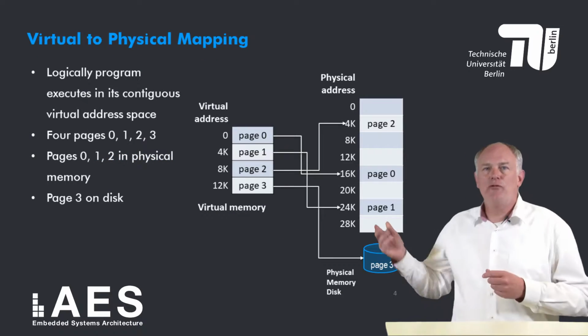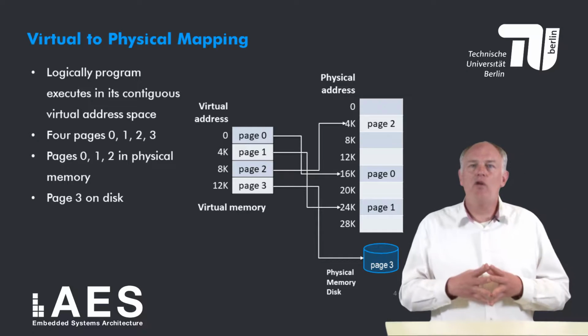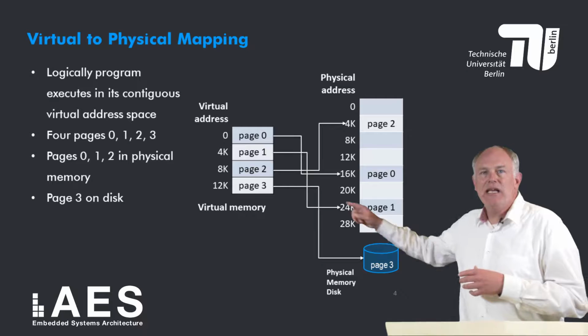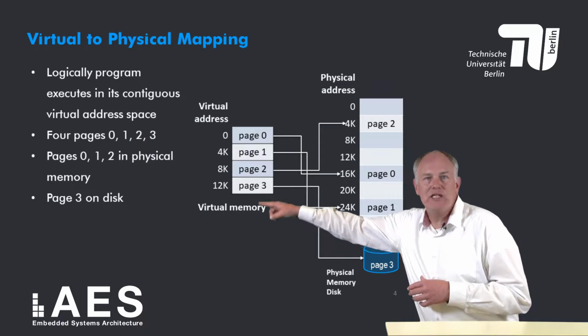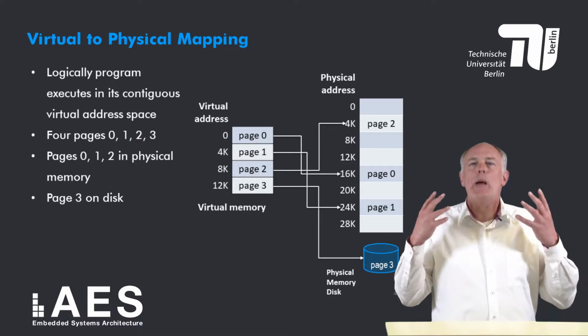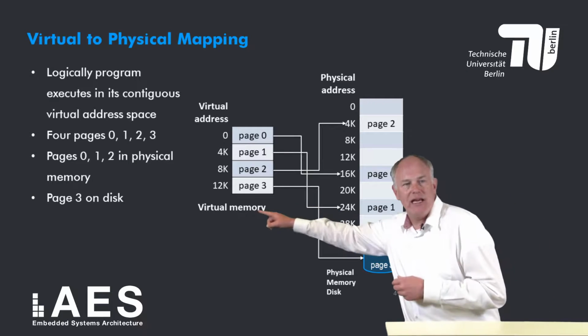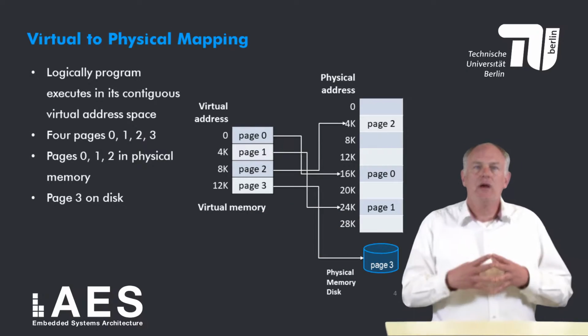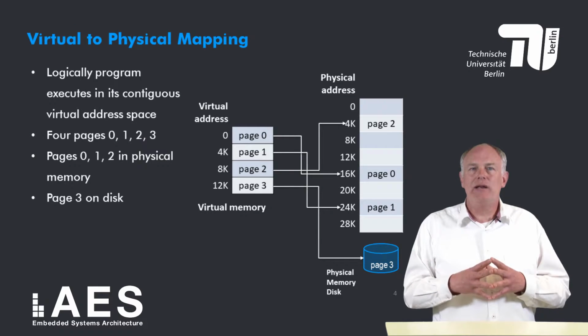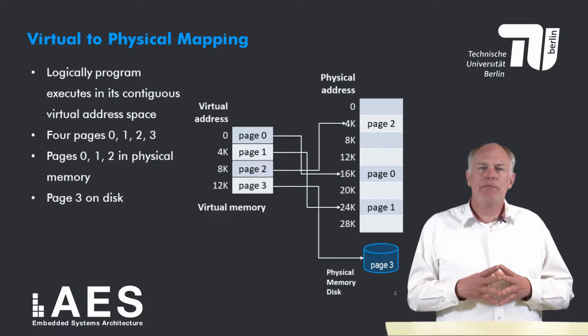The mapping of virtual to physical memory roughly works as follows. Each process runs in its own virtual address space. This virtual memory is divided into pages, as illustrated here on the left. In this figure, I assume that the page size is 4 kilobytes, which is a typical page size.